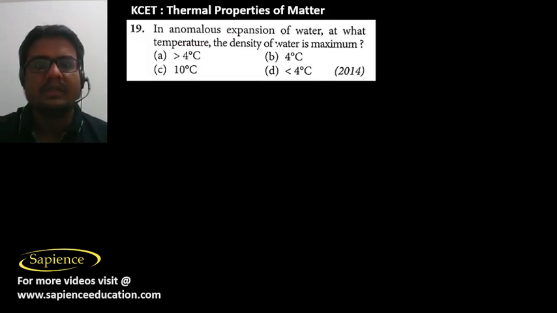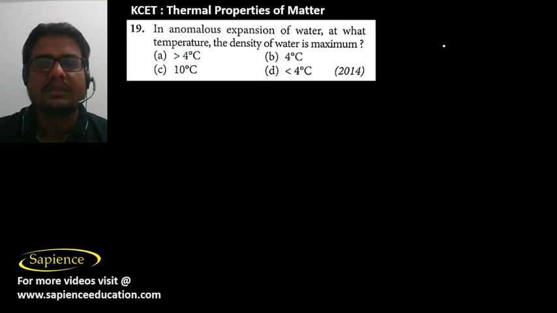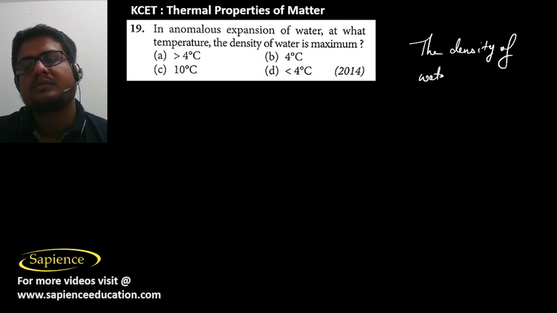Then here it is told, in anomalous expansion of water, at what temperature is the density of water maximum. We know that the density of water is maximum at 4 degrees Celsius.